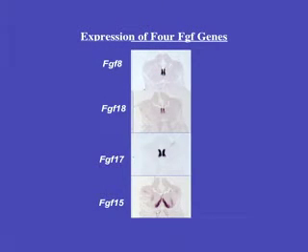Okay, so here's the expression of the four FGF genes that I referred to. The FGF-8 family, 8, 18, and 17, are all expressed in approximately the same region. In fact, 8 and 18 look about the same in their regional pattern. FGF-17 has a broader expression pattern expanding dorsally from this region.